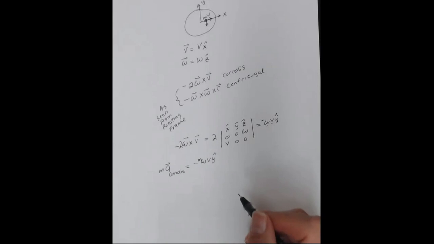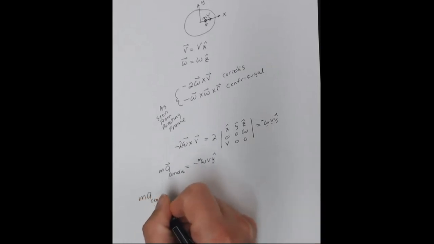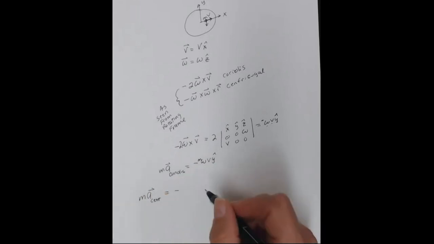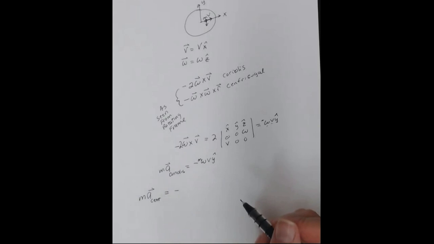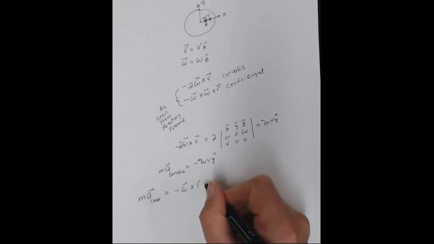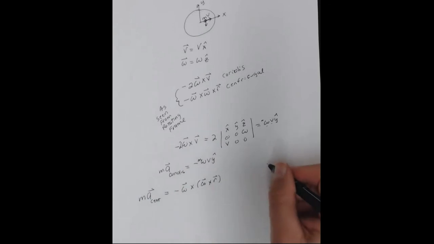Now let's find the centrifugal. It'll be negative omega cross omega cross r. So we first do the omega cross r. In this case, he's a distance x in the x hat direction.